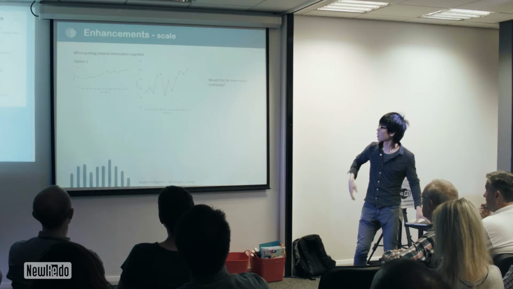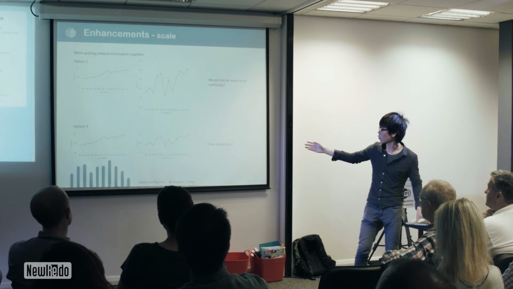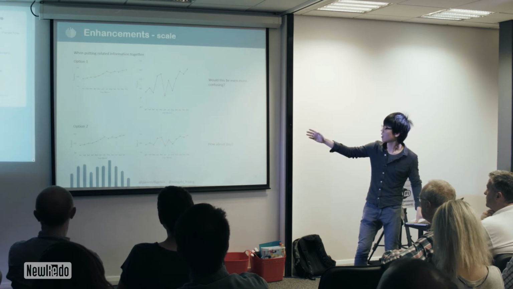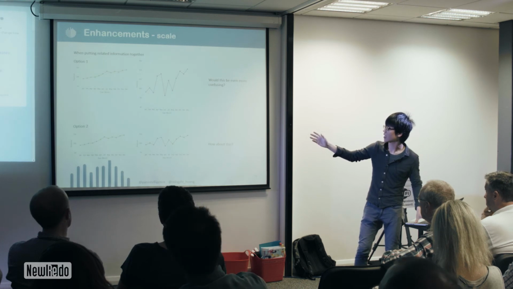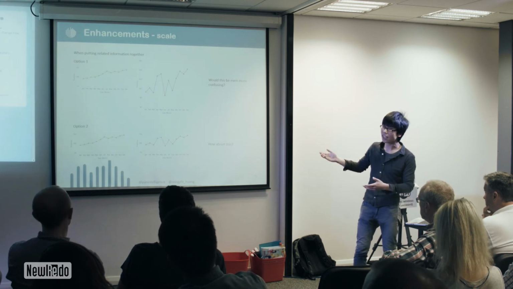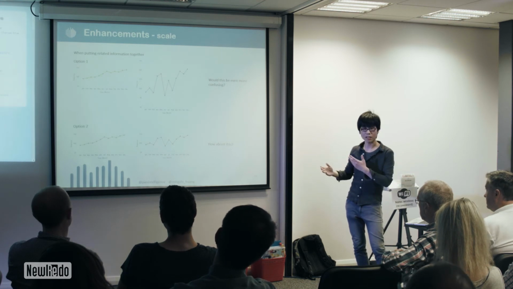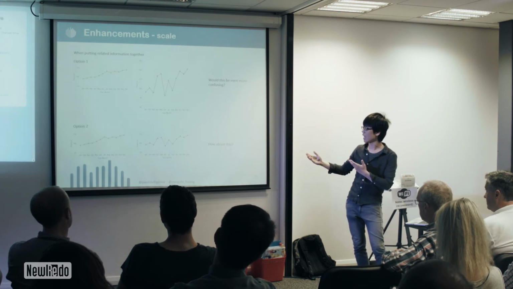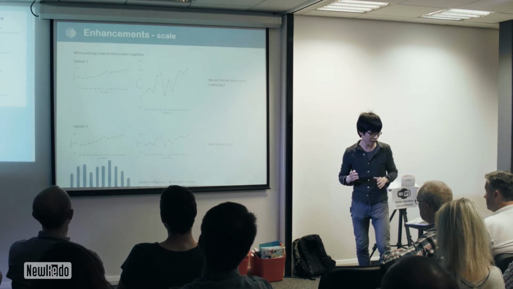So imagine we've got option 1 like this, option 2 like this. So option 1, the scales, the axes, they are quite different, and then the data is also different. The second option, yeah, they've got the same scale but different data. So when you look at the first option, it's actually quite confusing.